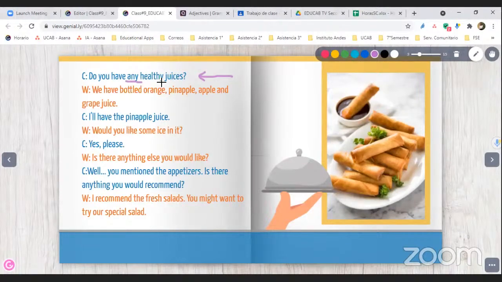Healthy, thank you, Leticia. Thank you very much. So any healthy juice, okay? And then we have bottled orange, pineapple, apple, and grape juice.